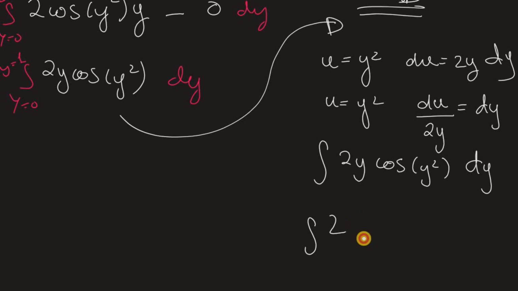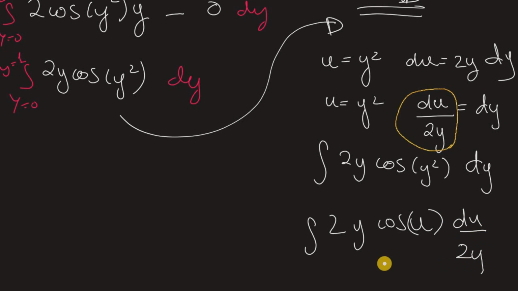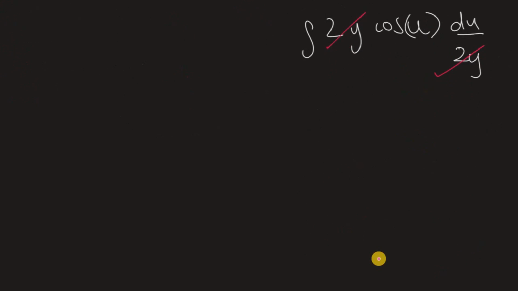We replace this y squared with u, so we get cosine of u, and the dy is replaced by du over 2y. Now you can see we can finally cancel out the 2y and 2y, and we're left with cosine of u du.